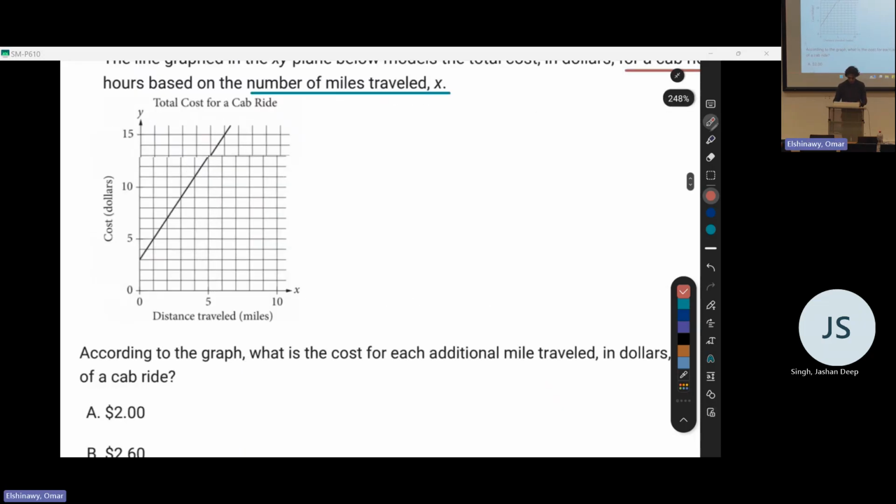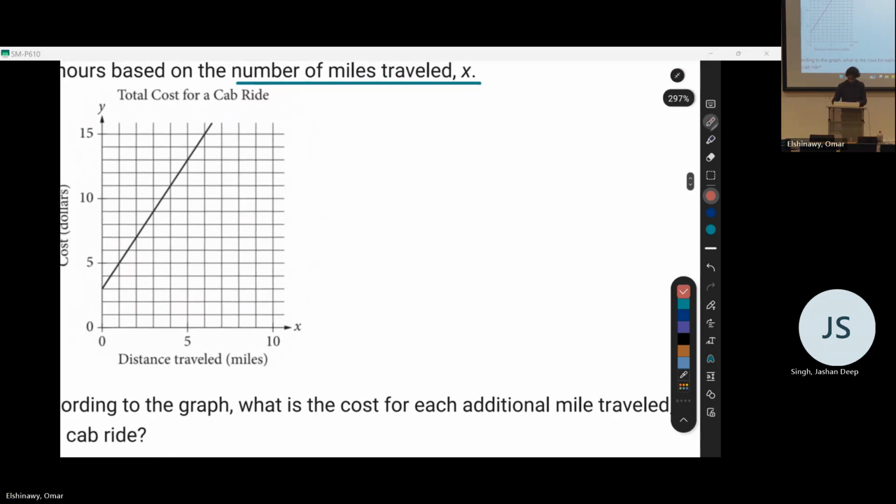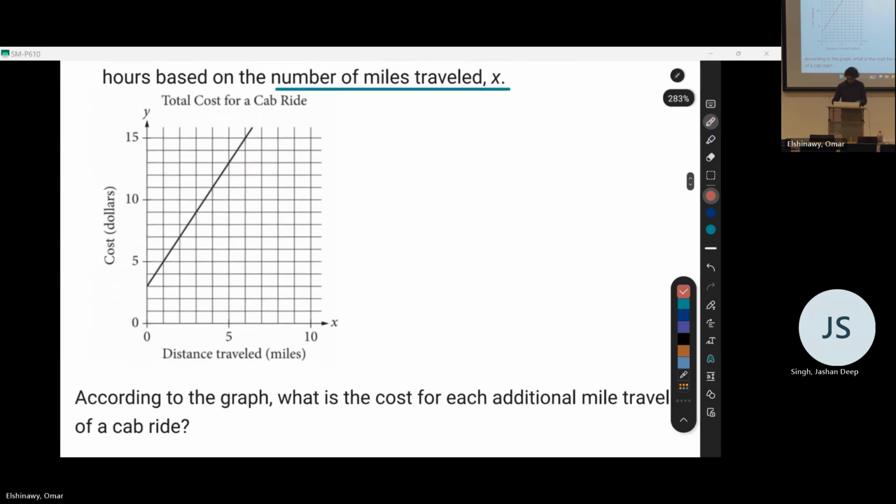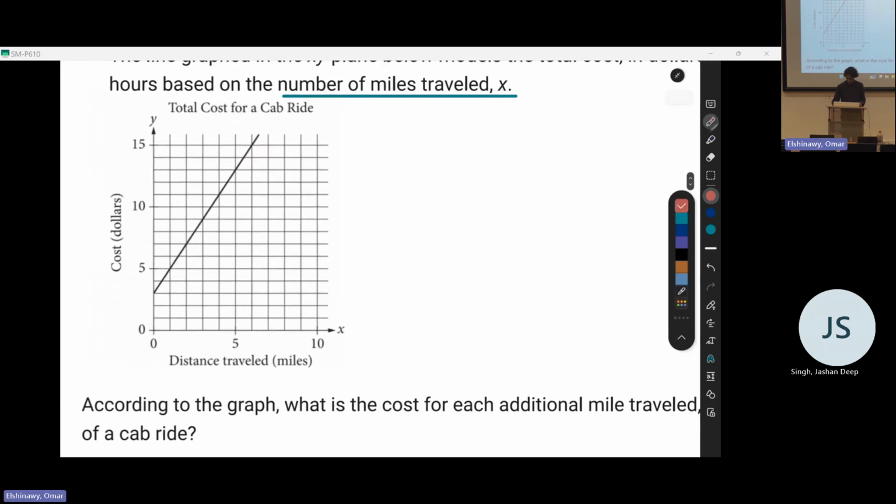So that's what the question is asking. But in reality, it's just asking you to compute the slope. Because this is a function where you have the number of miles, and this is the number of dollars.